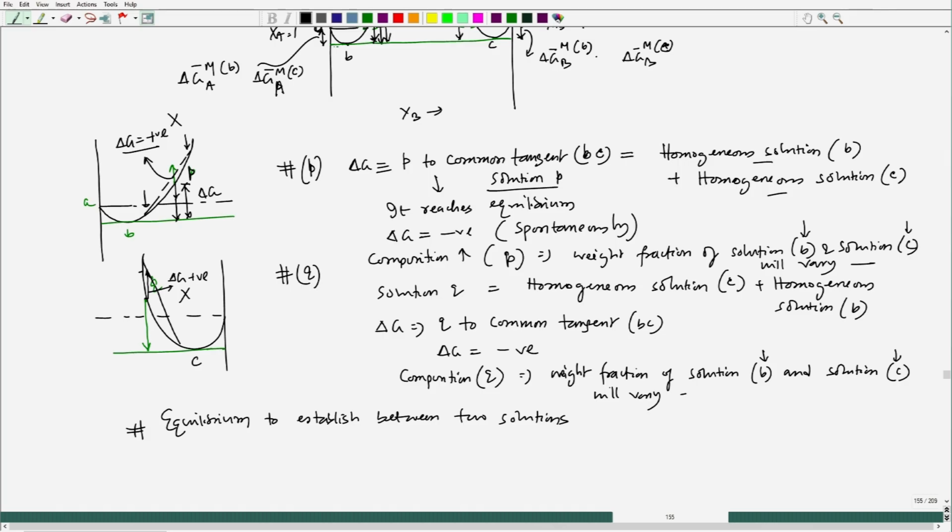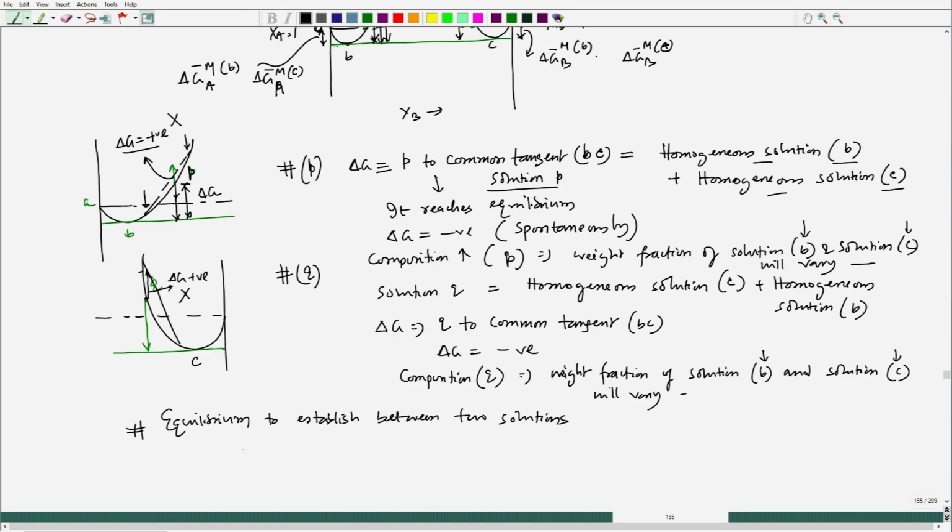Why? The compositions are different, though they are falling on the same del G mix versus composition plot. So, here we are making two solutions, one of composition B, one of composition C.